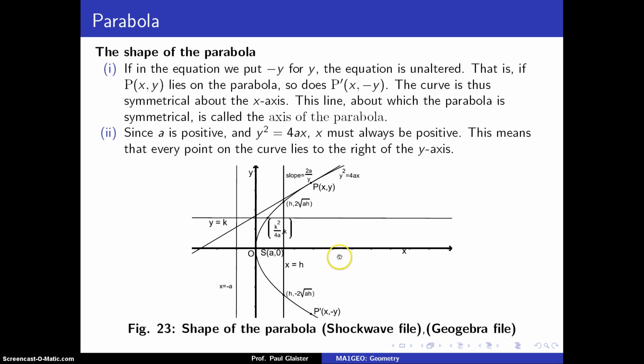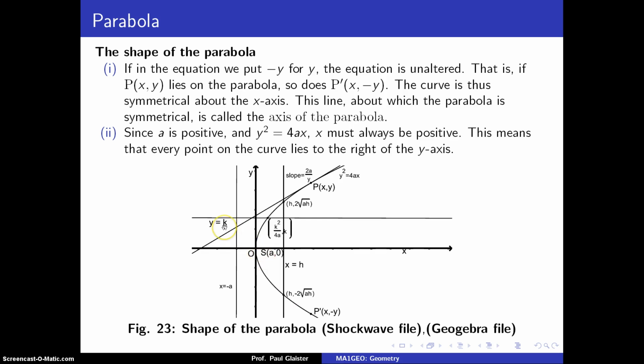In particular, what it tells us is that for a fixed value of x, say x equals h, by substituting that into y squared equals 4ax, we get two values for y, which are plus or minus the square root of 4ah. In other words, for every fixed value of x, there are two corresponding values of y on the parabola.